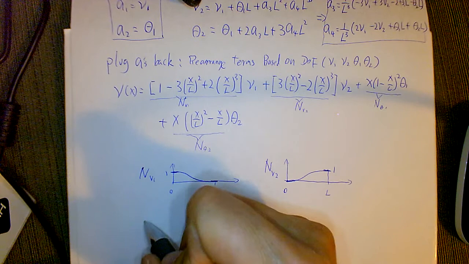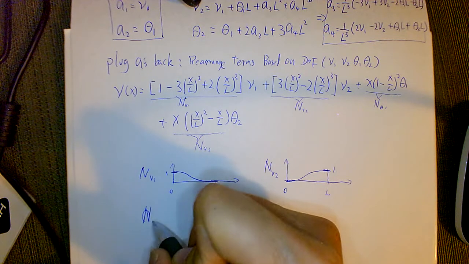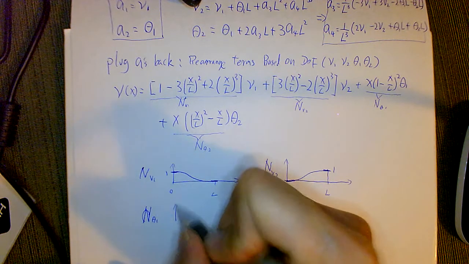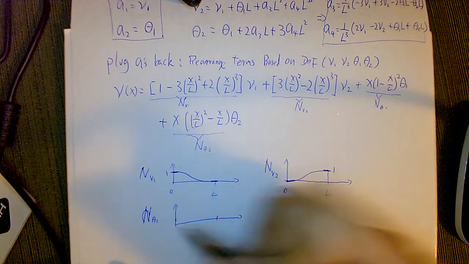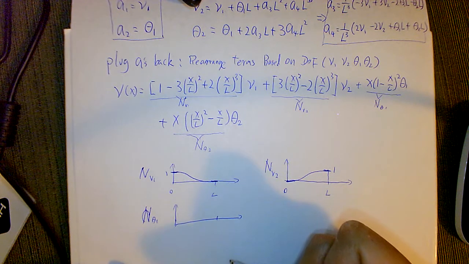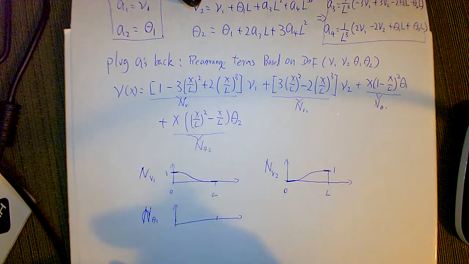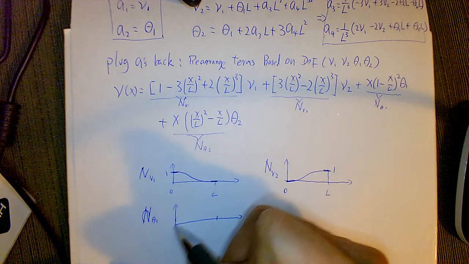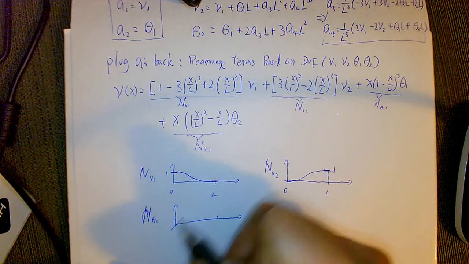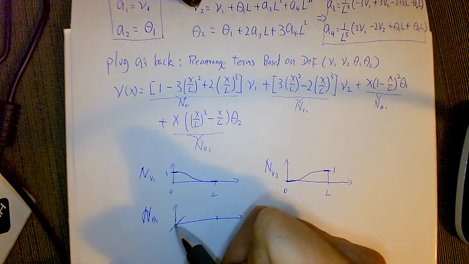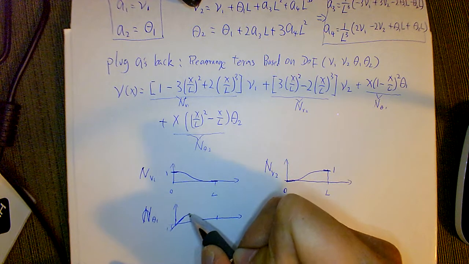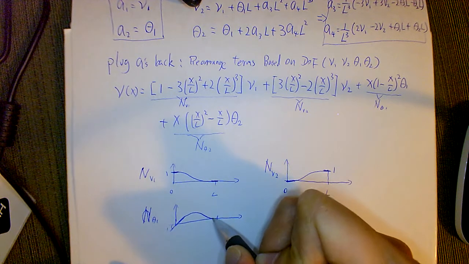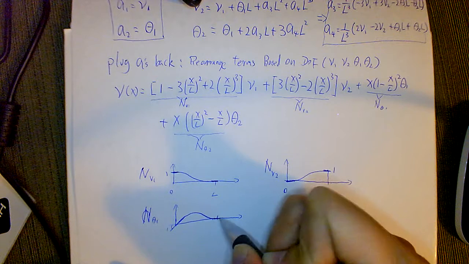Then the N theta 1, that's the shape function corresponding to the rotation at 1. You find out it has a slope of exactly 45 degrees, so this is like 1 here, and then you go like this, and this is perfectly flat.